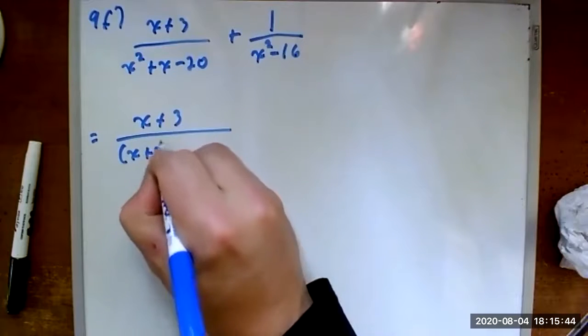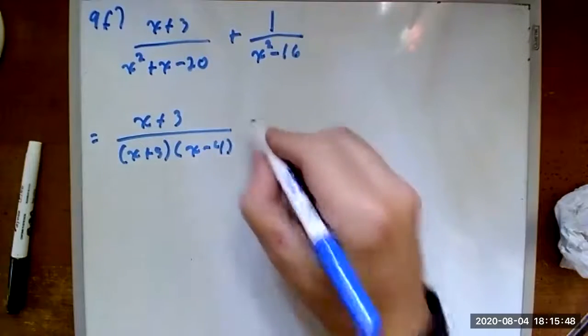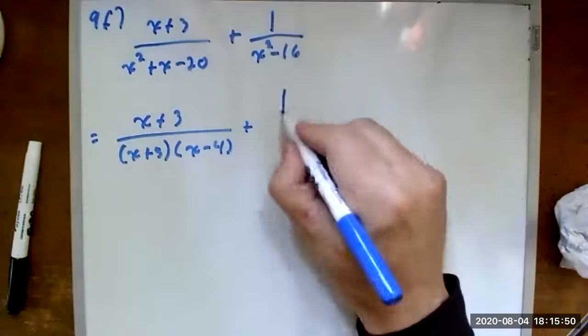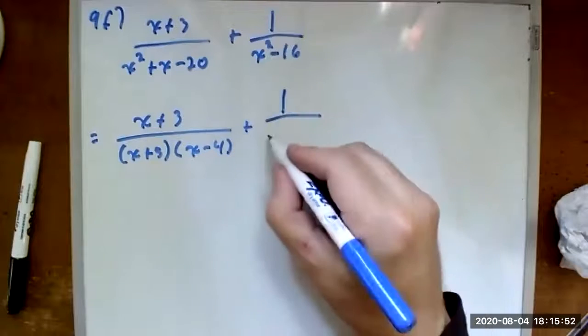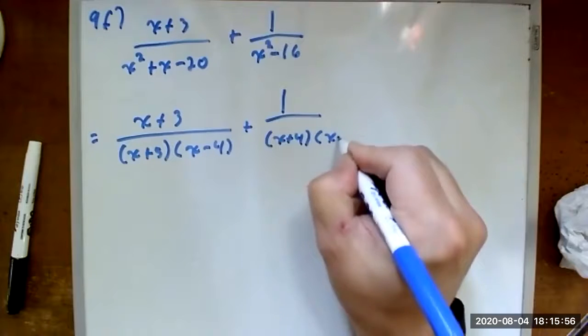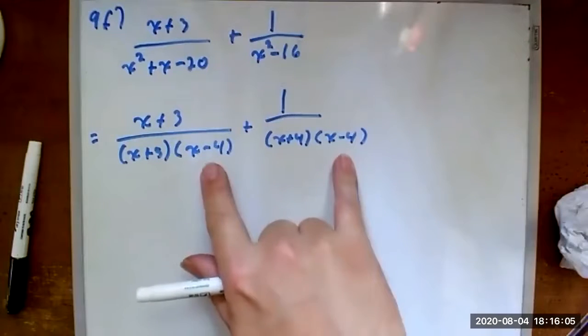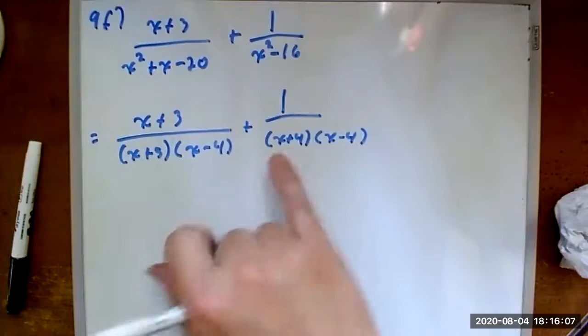Again, we factor. x plus 3 on top. What multiplies to make negative 20 but adds to make 1? I have x plus 5, x minus 4. x squared minus 16 is the difference of squares, so it's x plus 4, x minus 4.